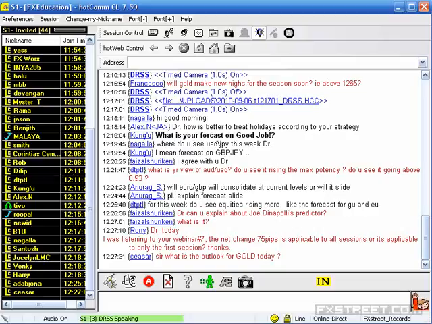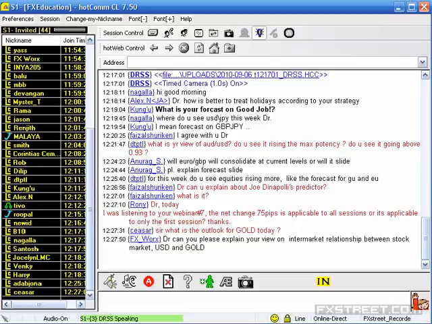Yeah, I'll explain the forecast slide. Then DTPG, for this week, do you see equities rising more, like the forecast for GBP? No, equities are expected to make sideways moves, and don't think that they will always move in tandem. Only from the third week of September will you come across significant gains in the equity market. The equity market is expected to gain in October, November, December, and January, February, March of next year.